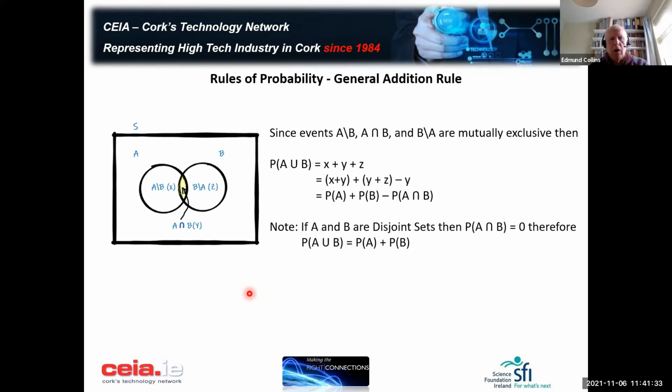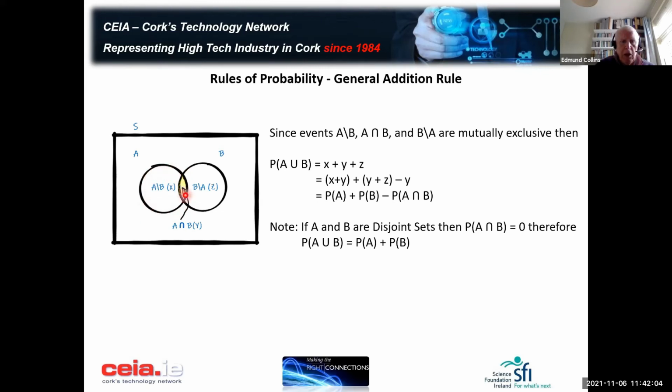So now we'll come on to some rules of probability. And again, just some terminology here, designation, just important to be familiar with. So in this case, A / B means A, not B. So it's this part of the circle here.